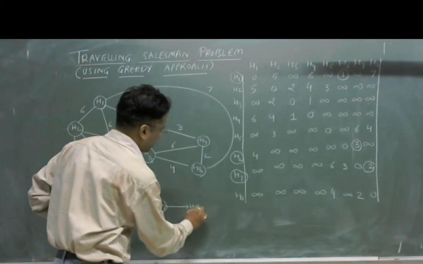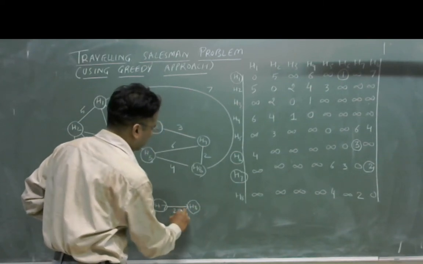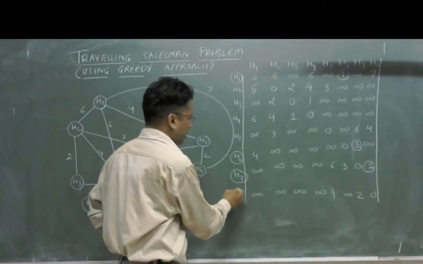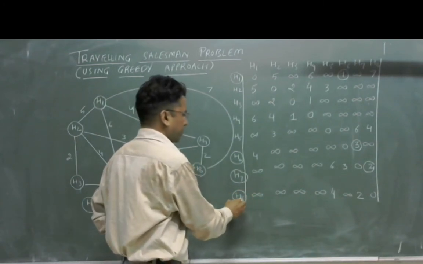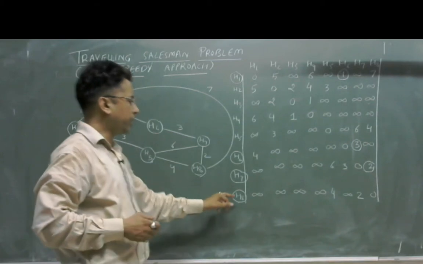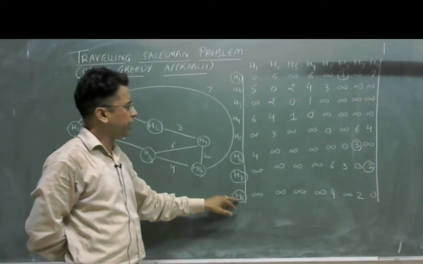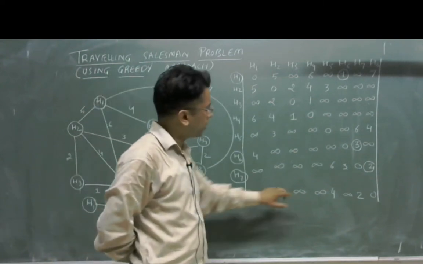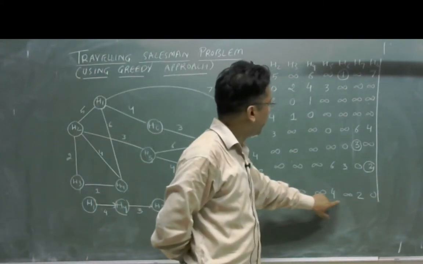H8 at a distance of 2. Right? So the next node will be H8. So now we shall again find out the nodes which are connected to H8 and not in the covered node list. The nodes are H5 and H7.